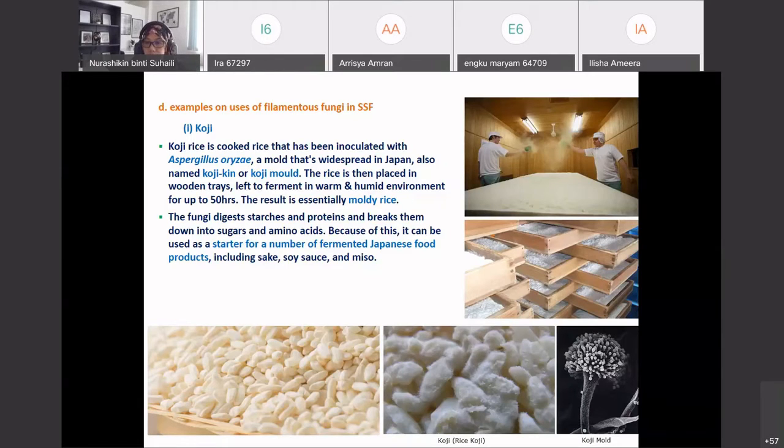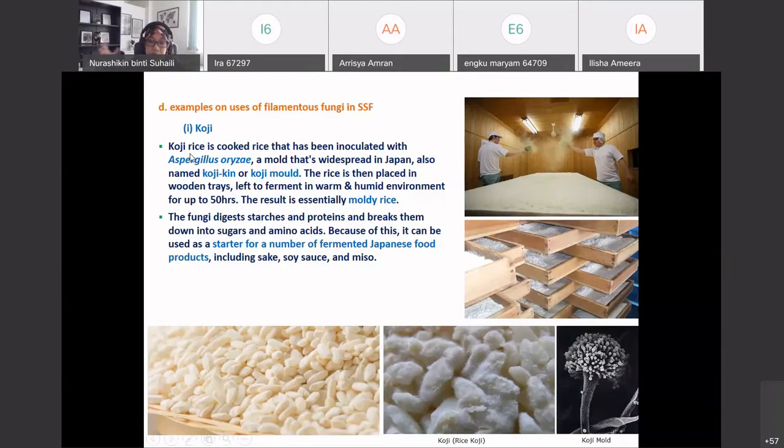The result is moldy rice. If you see this one here, this is an example of koji rice. It's not common in our country because perhaps we don't eat this, but it's very common in Japan. It's their local food.